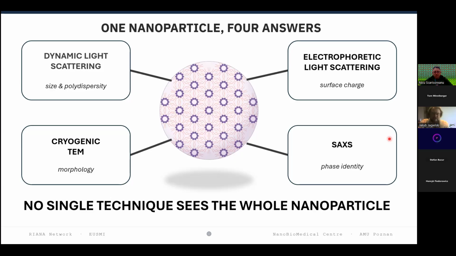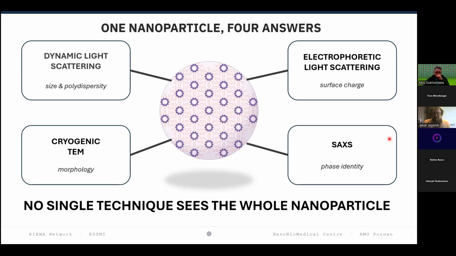Cryo-TEM reveals the morphology of the nanoparticles, so the actual particle size and internal texture at the individual particle level. And in the end, we have SAXS, which provides the phase identity at a more statistically significant level. As you can see, no single technique provides a complete characterization. We need all of them.